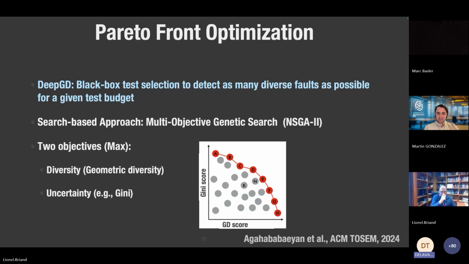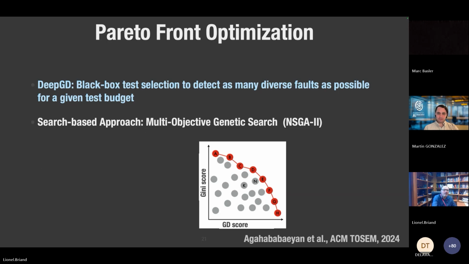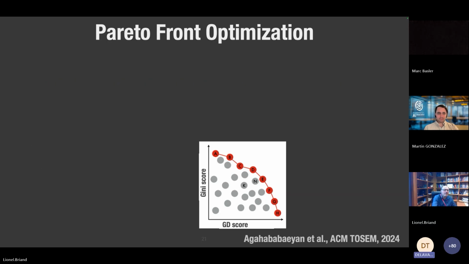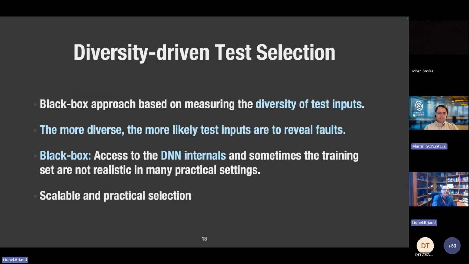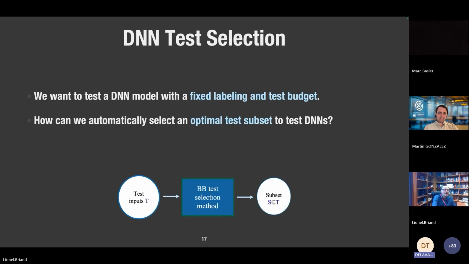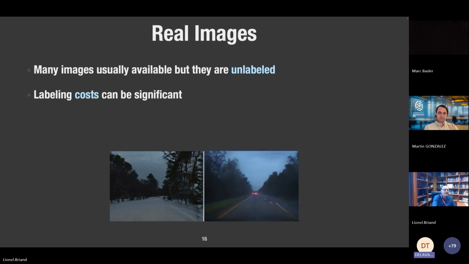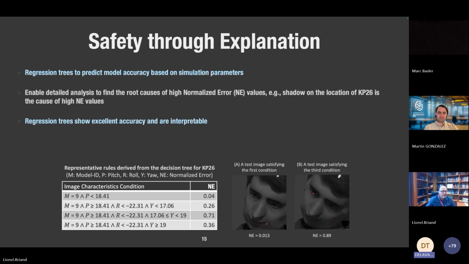It was just because you mentioned, on the previous slides, where you talked about how you try to derive rules to understand in which condition the model behaves badly.